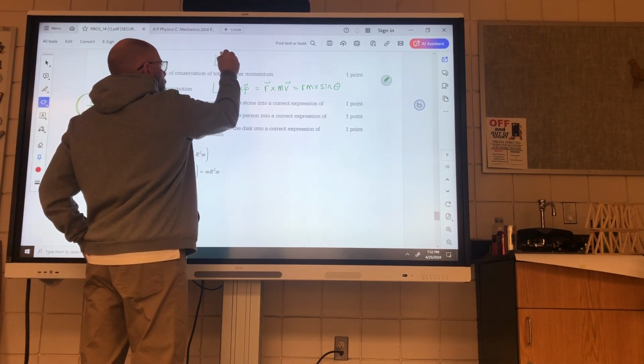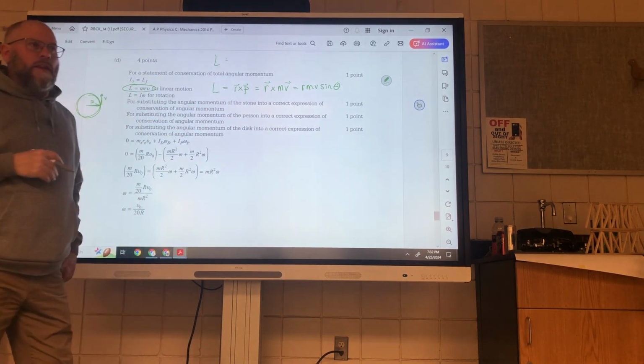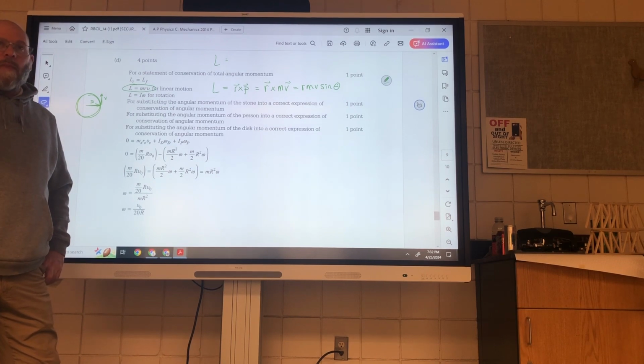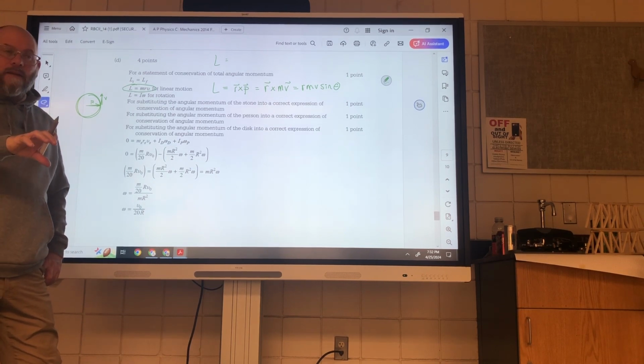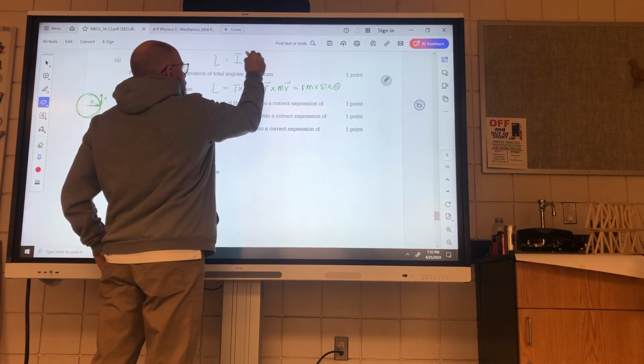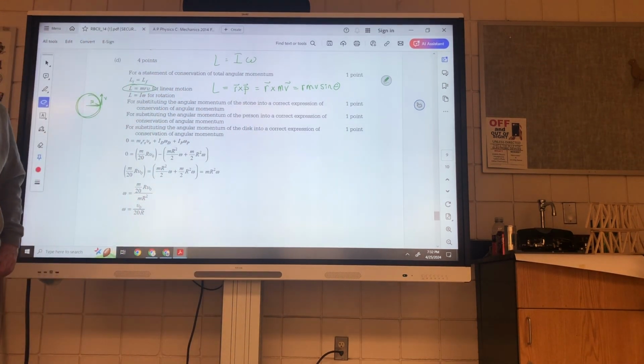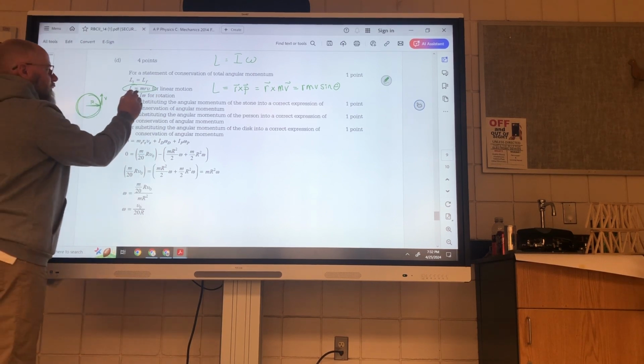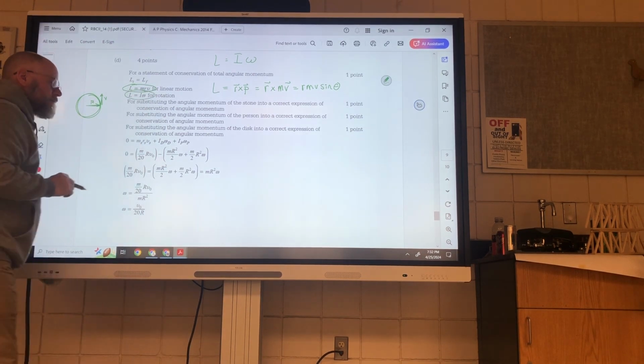Well, if we use our framework that linear momentum is m v, then what is angular momentum? It's I omega, right? That's why it says that for rotation.